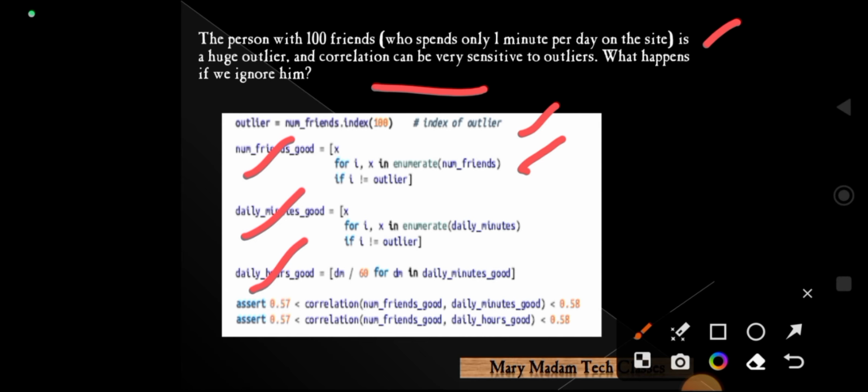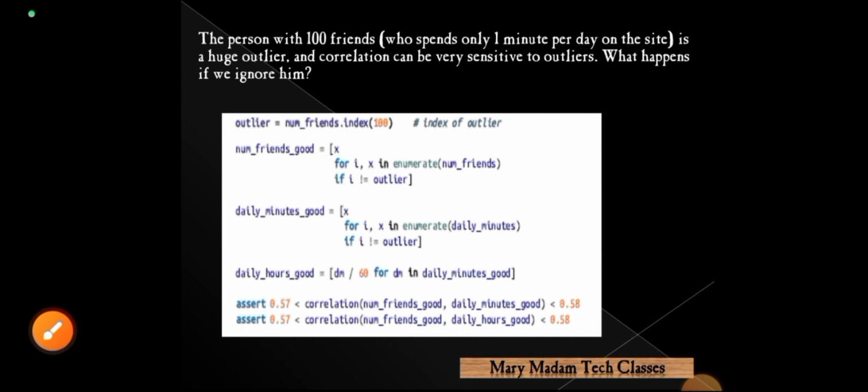Here dm divided by 60 is for the hours, and dm is the daily minutes good. The correlation output will be between 0.57 and 0.58 for number of good friends and daily minutes good. The same thing for daily hours good, the output will also be between 0.57 and 0.58. This is about the correlation.